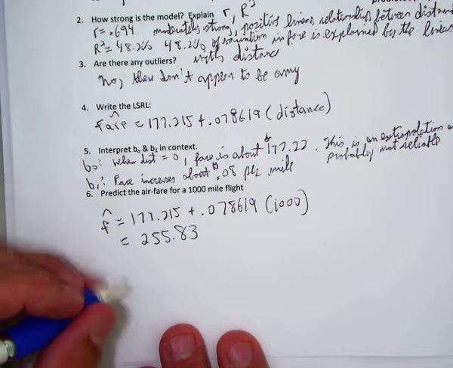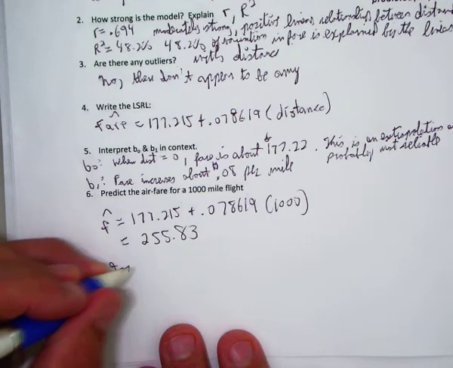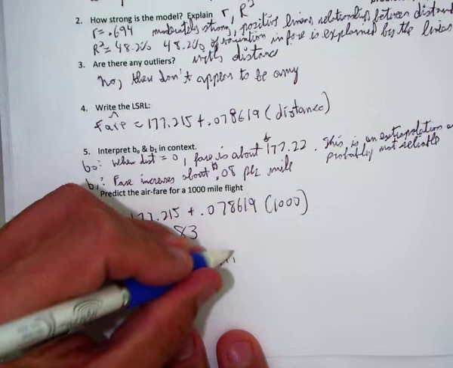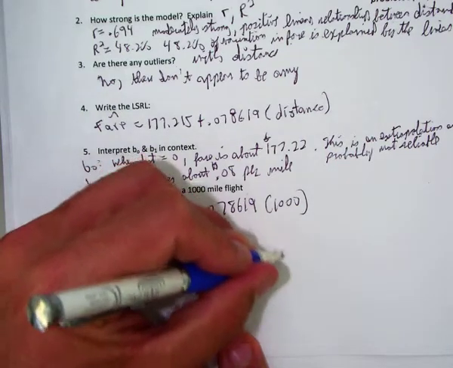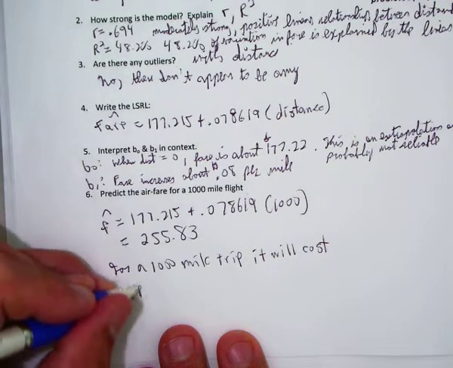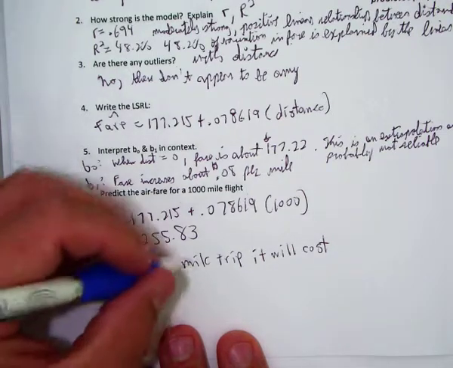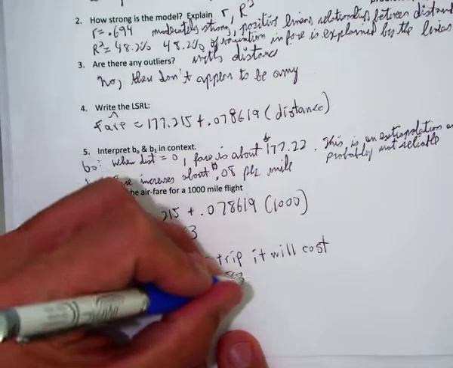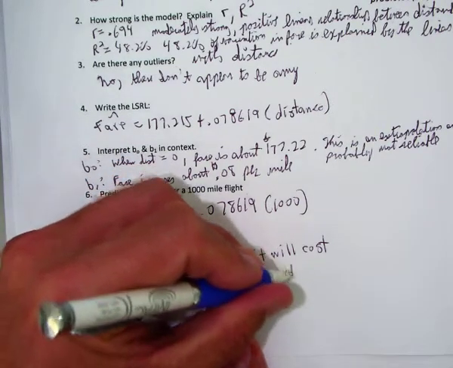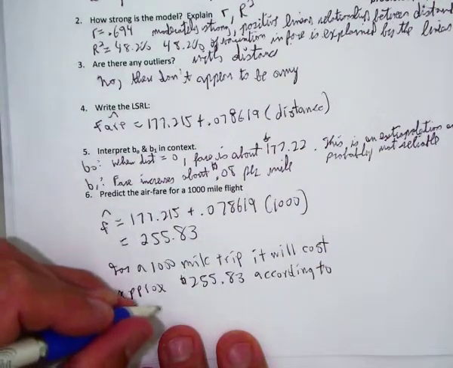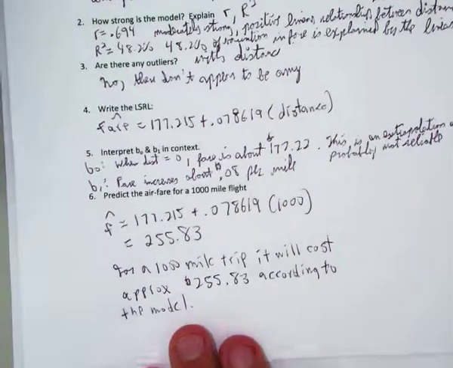So we would say that for a 1,000-mile trip, it will cost approximately $255.83 according to the model. It may not cost that, but that's what we're predicting it's going to cost.